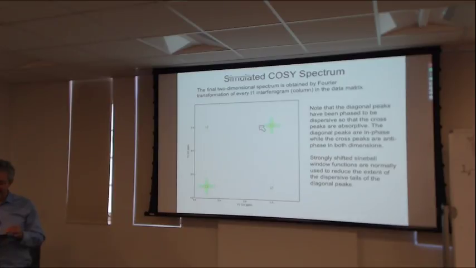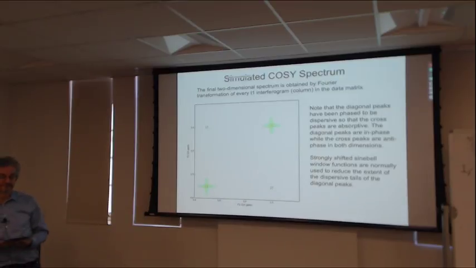So the diagonal peaks become dispersive and the cross peaks become absorptive. Because then it's easier to look at the cross peaks. But you can immediately see one of the problems with the COSY experiment is if we're looking at cross peaks close to the diagonal, the dispersive tails from the diagonal are going to be interfering with the cross peaks.